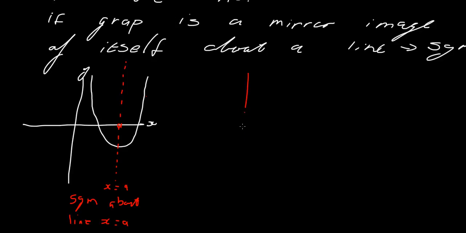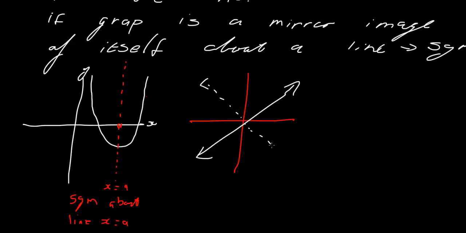Then we've got, for example, let's draw this line here. Okay. If we fold it about the y-axis, it would look like that. So there's no symmetry about the y-axis. If we fold about the x-axis, we would be there, not symmetrical. But what happens if we draw a line here?